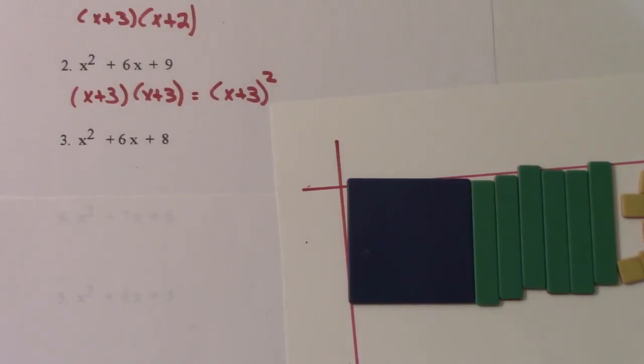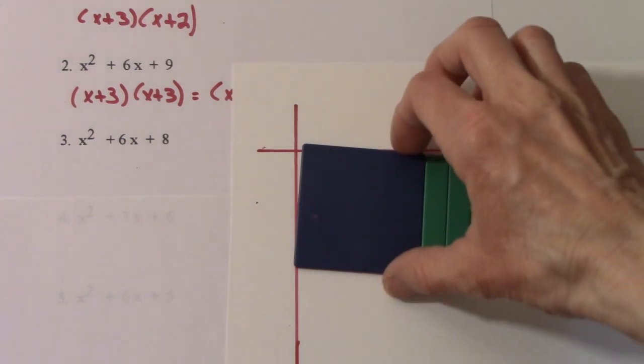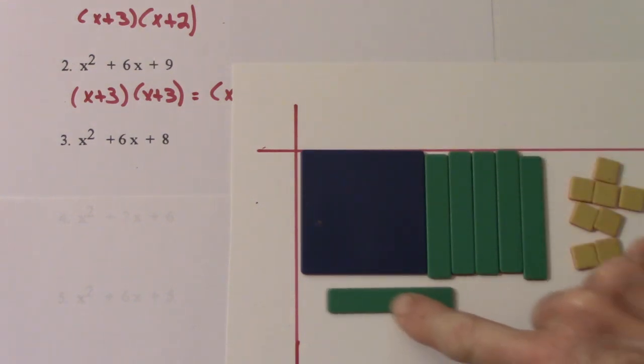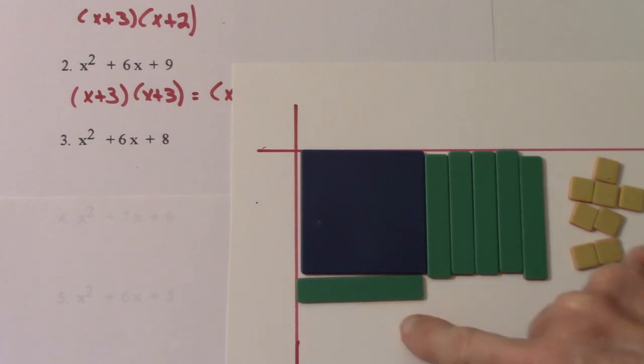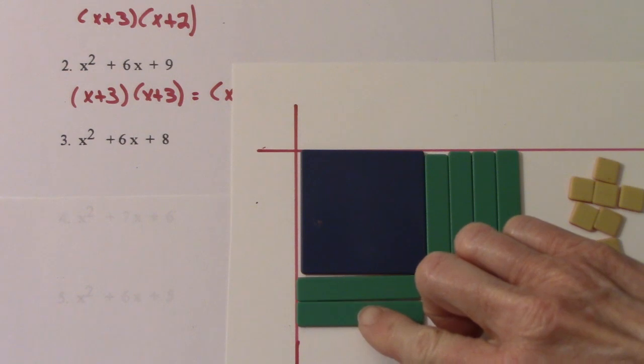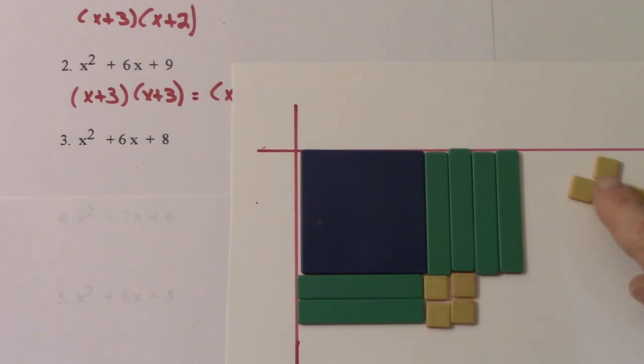And in this next example, we have x squared plus 6x plus 8. And I want to see how I can make this into a perfect rectangle. So if I move only one, then I have 5 here and 1 there. I can only take care of 5. I can put 5 there. If I put another one here, then I'll have 2 times 4, and that gives me 8. And I see that that does in fact work.